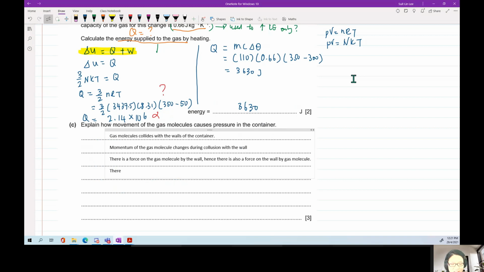So then you extend this to all the gas particles. There are many gas particles. Hence, many forces are acting at the same time over the surface area of the container, exerting pressure.